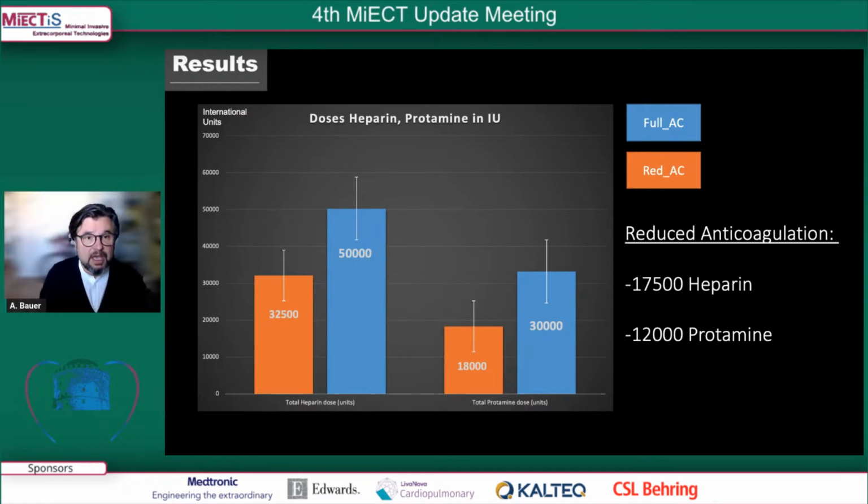So the result was that we came down not only with protamine but also with the heparin doses, and we ended up in the middle with 18,000 units of protamine, which is very good.